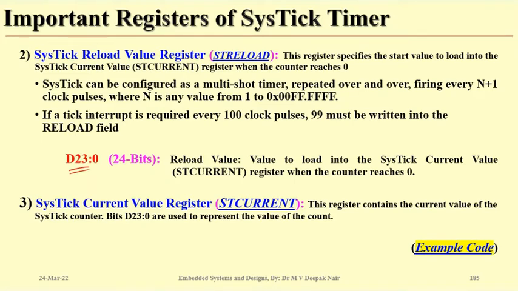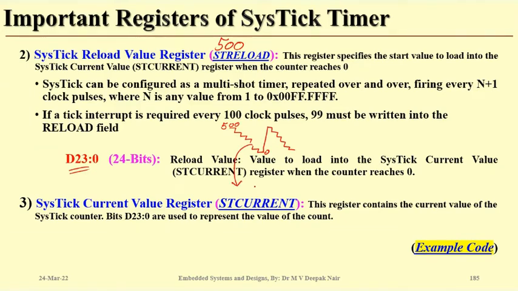If you have written 500, then 500 will remain the same here. It will not change. So there is no sense in reading this register, because it has to be there so that when you start from 500 and reach 0, the 500 reloads and goes to 0 again, like this. That's why the current register is used to check the current count value.